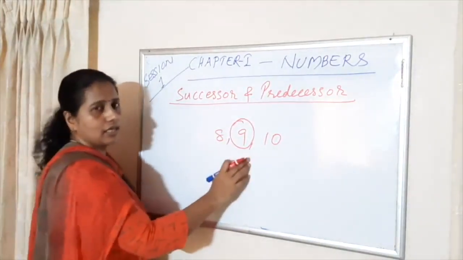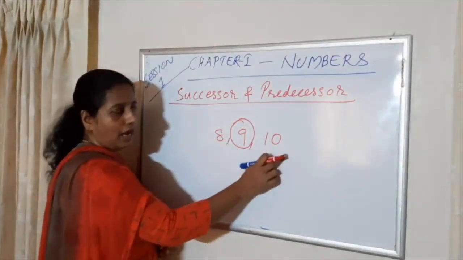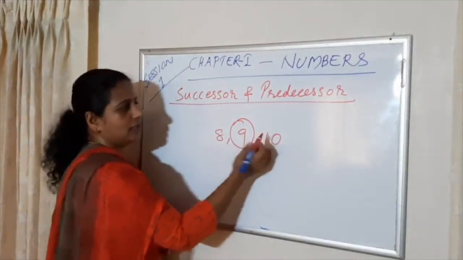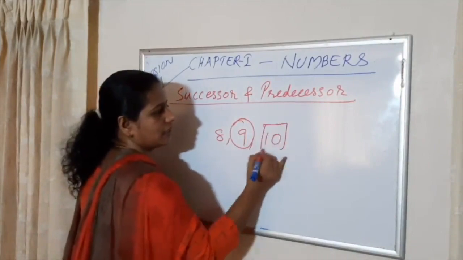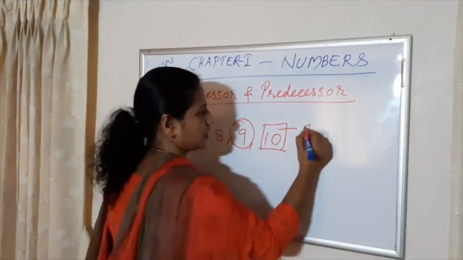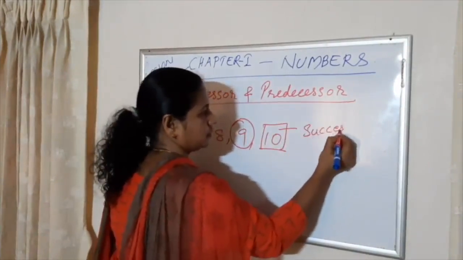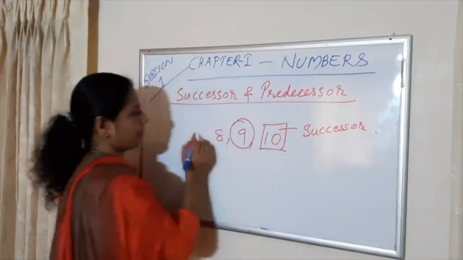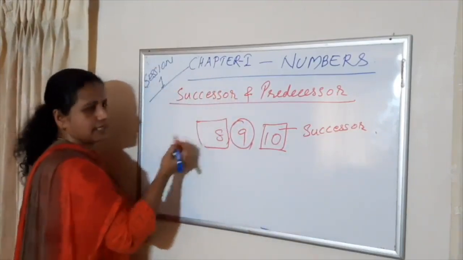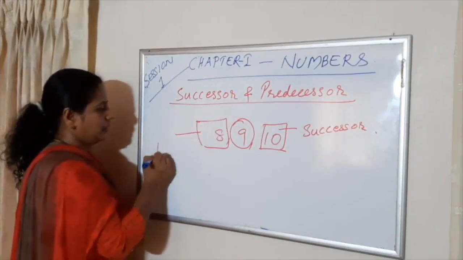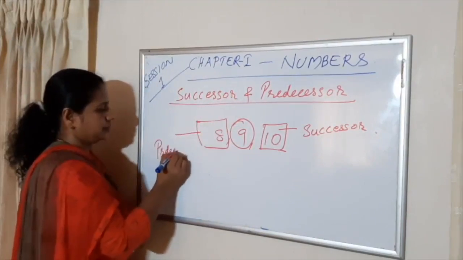It is the number after 9, that is 10. 10 is the successor and 8 is the predecessor.